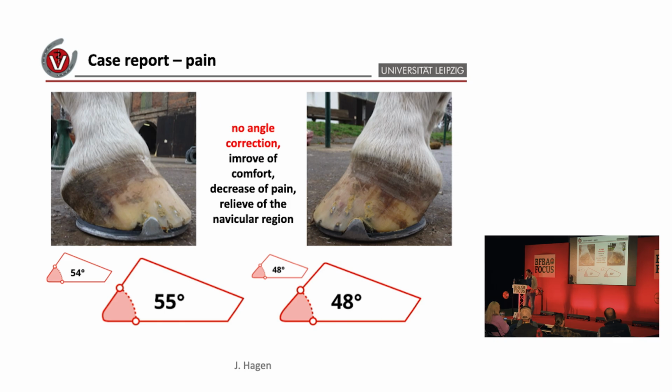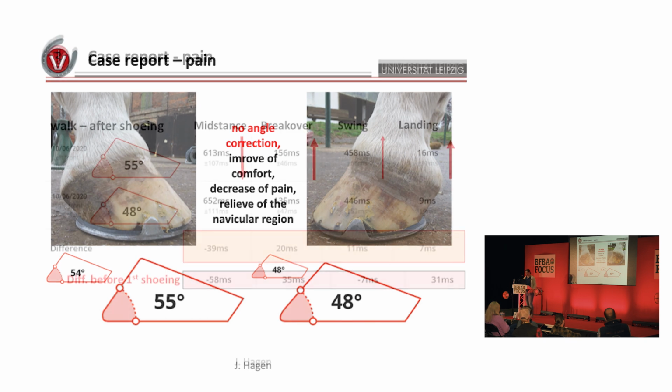You can see I kept the angle as it is, but the horse was shod with aluminium and a medium elastic pad to protect the navicular bone and just a little bit of Magic Cushion to make a very, very soft filling. So you have shock absorption, a light shoeing, good breakover, and no pressure on the navicular bone. And although the angle is completely the same, we just changed the comfort.